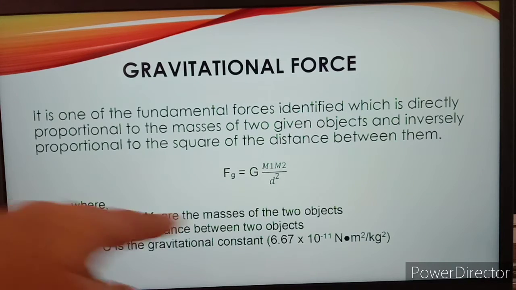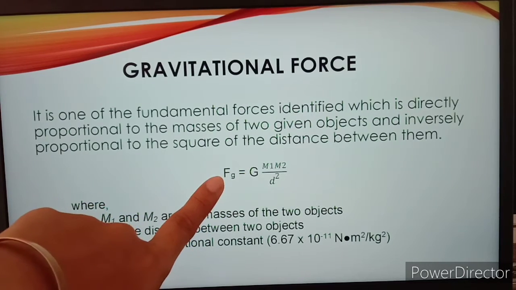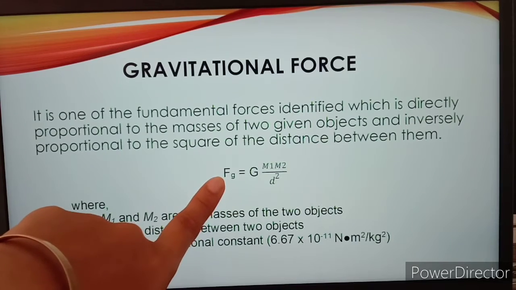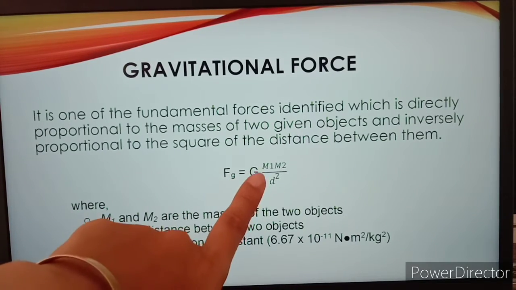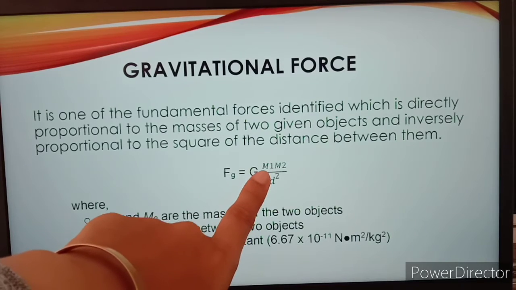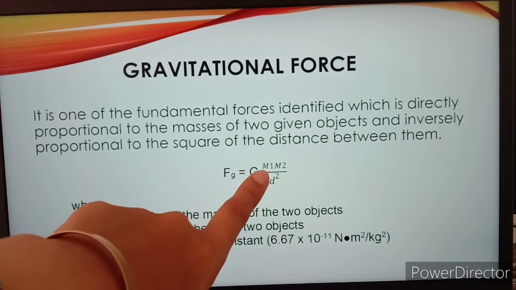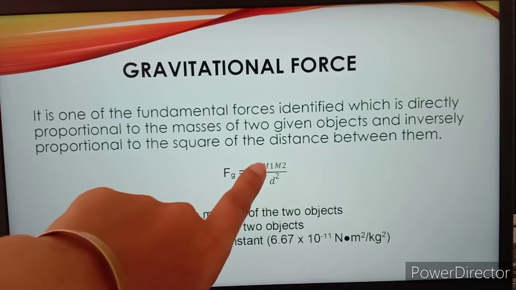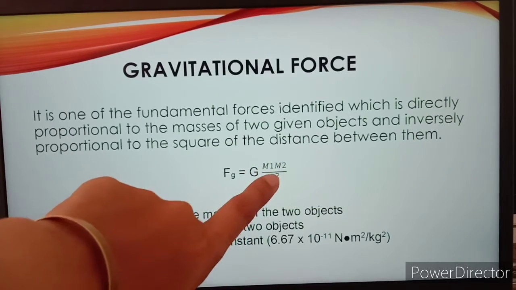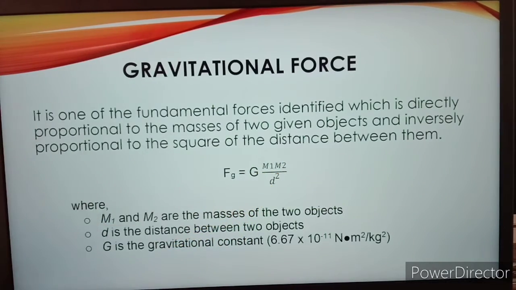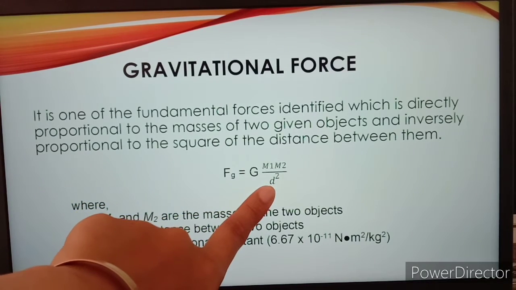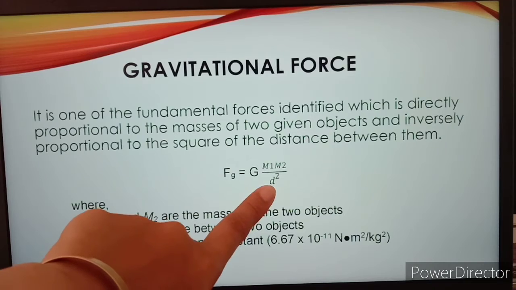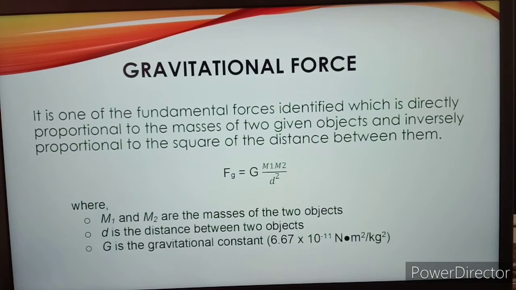So the gravitational force is represented by F sub g. It is directly proportional to the masses of two given objects, which are m sub 1 and m sub 2, and it is inversely proportional to the square of the distance between the two objects.